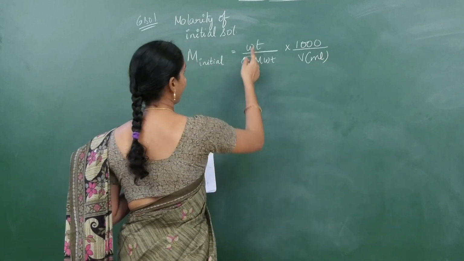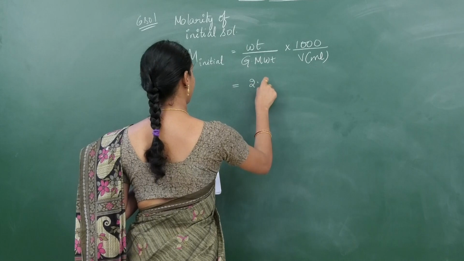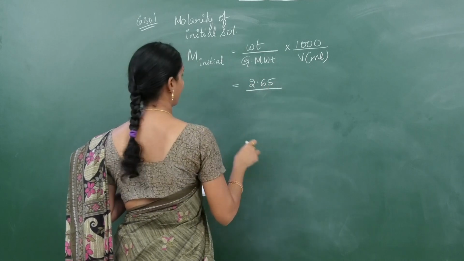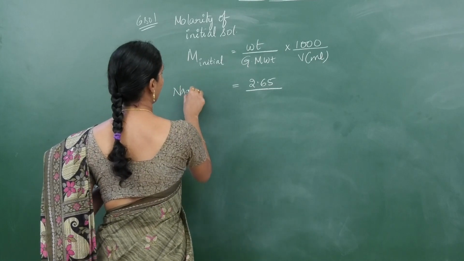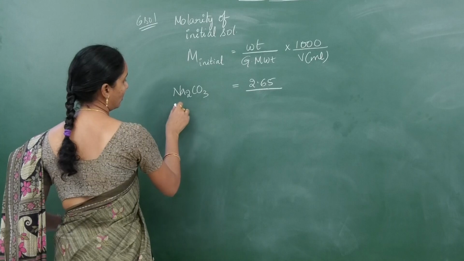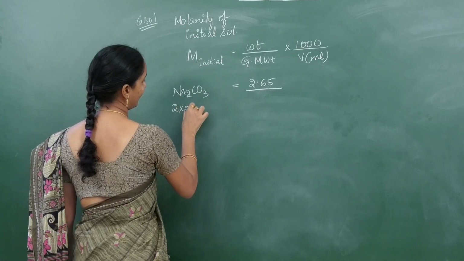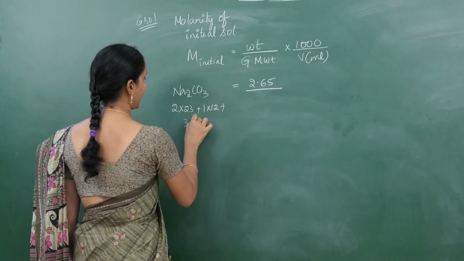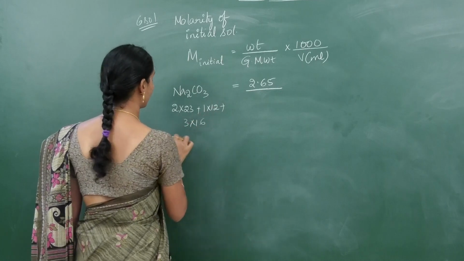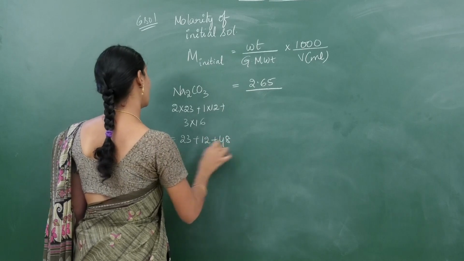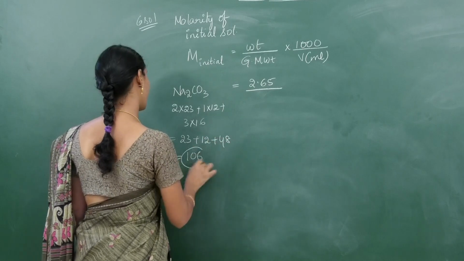What was the weight of the solute given? 2.65 grams. What is that solute? Na2CO3. So you have to calculate the molar mass of Na2CO3, children. 2 into 23 for sodium, 1 into 12 plus 3 into 16. So 23 plus 12 plus 48, total it is 106.